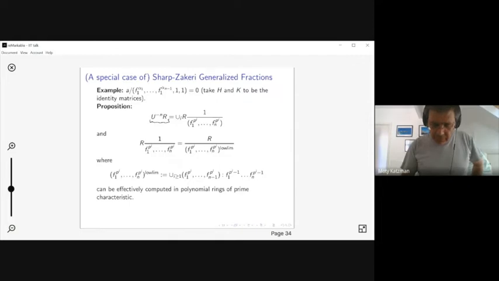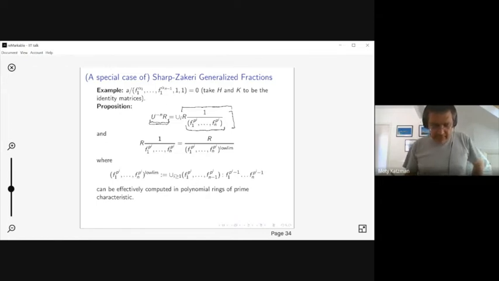So the same thing you can do with generalized fractions. So here, when I write this, I mean the generalized fraction 1 over this sequence. And then what I'm writing here is the submodule of the module of generalized fractions generated by this one element. And we get this module of generalized fractions as the ascending chain of these submodules.